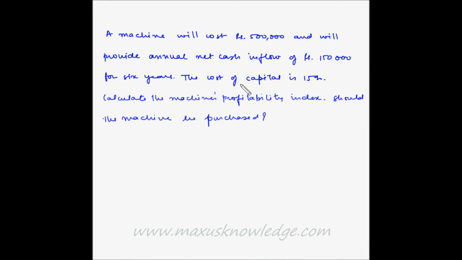What that means is that the bank is going to charge 15% interest on the amount that they have lent to us. Now the machine is going to generate a net cash inflow of rupees 1,50,000 each year for the next 6 years. So we have to find out the machine's profitability index, and based on this profitability index, then we have to find out if we should purchase the machine or not.